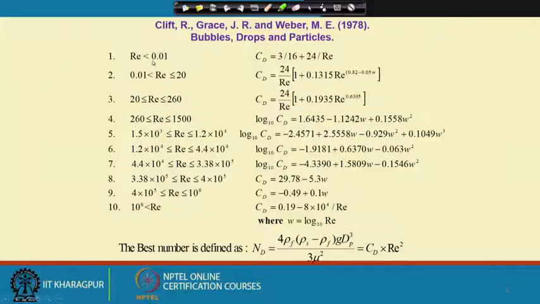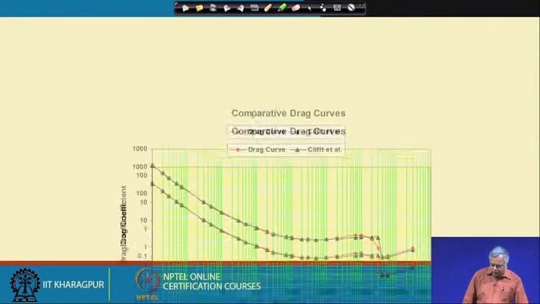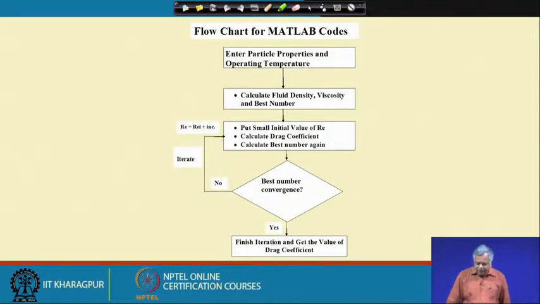Now, after putting that very small value, I get the Cd value from this set of equations. So, I know the Re, say Re is 0.0001, and I know the Cd calculated from this equation. Now I can calculate the value of Cd times Re squared, which is equal to the Best number.